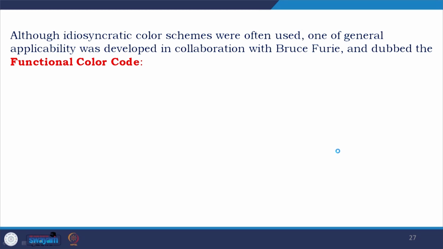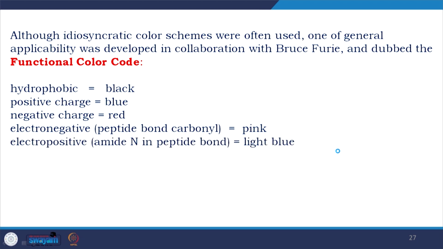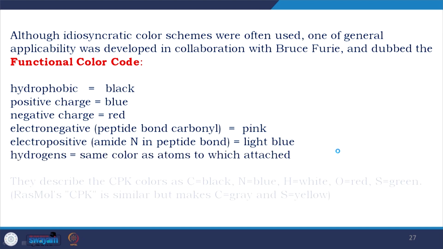Although idiosyncratic color schemes were often used, one of general applicability was developed in collaboration with Bruce Foley and dubbed the functional color code. The hydrophobic would be presented in black, the positive charge in blue, the negative charge in red, electronegative peptide bond carbonyl in pink, electropositive in light blue, and hydrogens the same color as the atom to which they are attached.